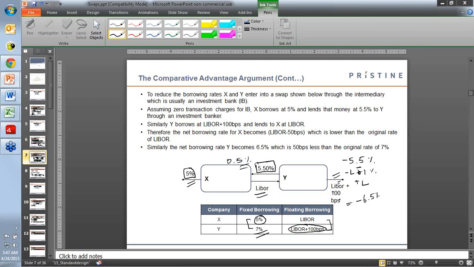This is the borrowing cost for Y at a fixed rate. It would have originally gotten the loan amount at 7% cost, but because of the swap, it is able to get it at 6.5%. So Y is also profiting by 0.5%. If you add both of these up, you will get a total benefit of 1%. So this is an example of how a swap can lower the borrowing cost for the two parties involved.